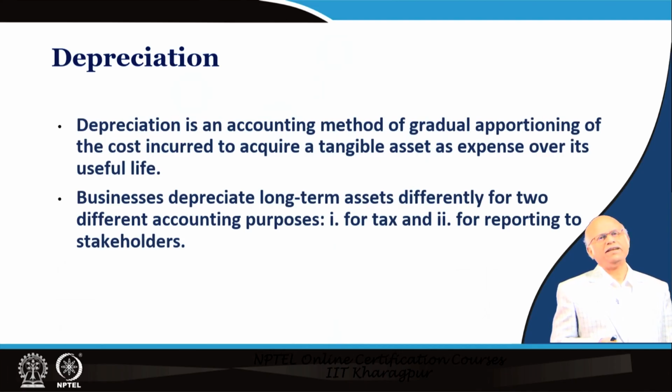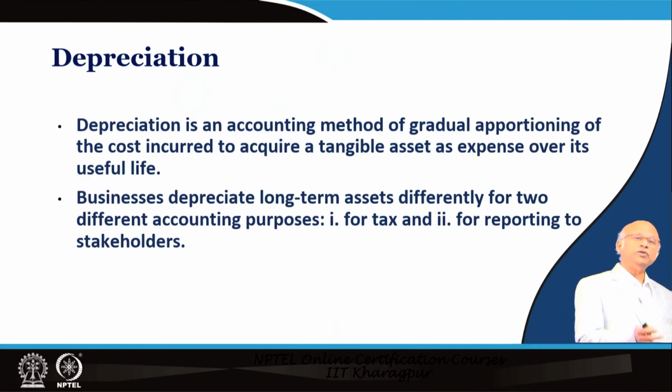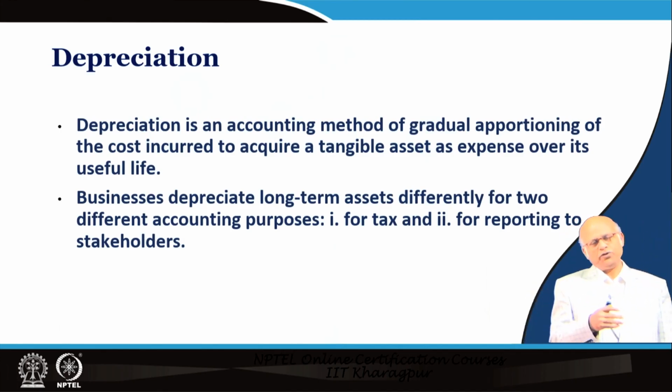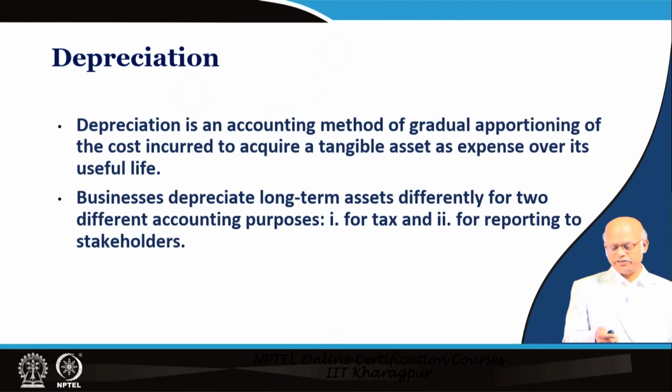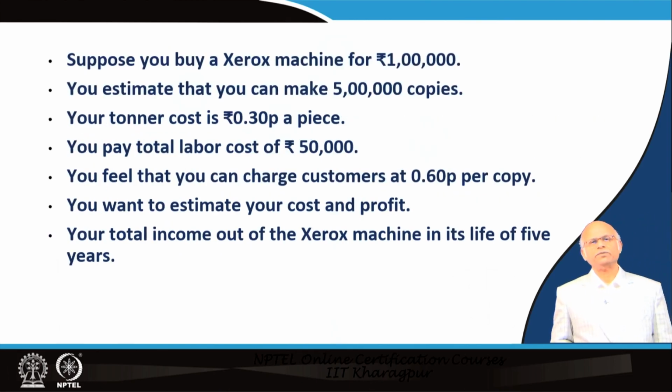Then you allow only 10 lakh rupees as depreciation. So, you report higher profit to the stock market, ROC, etc., even though you are paying less tax, because to the tax authority you are showing higher depreciation expense and eventually less taxable income.